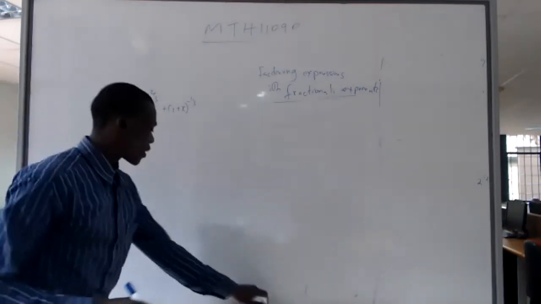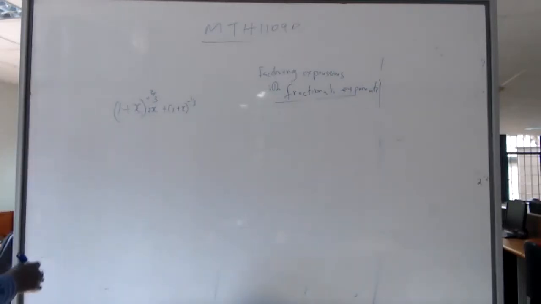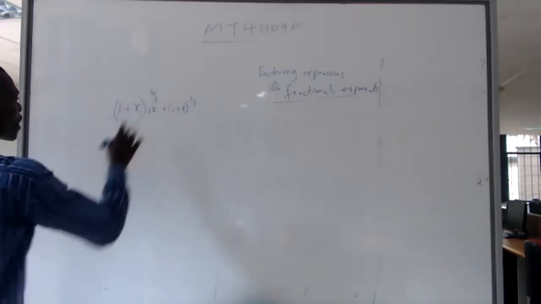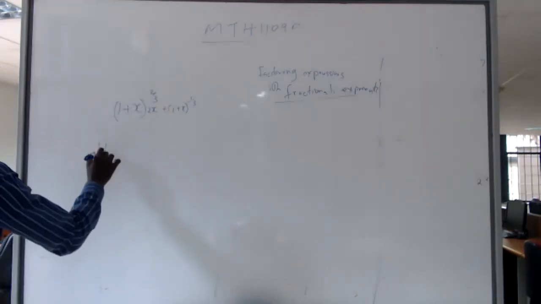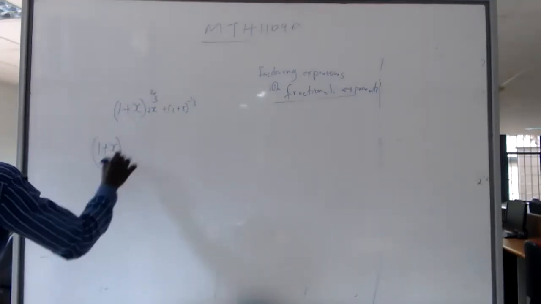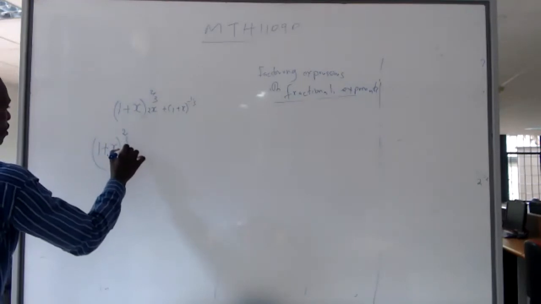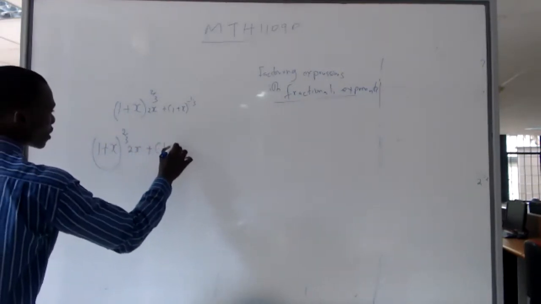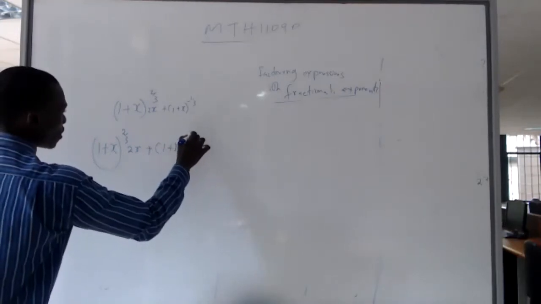Well, I don't know if it will work out, but let's see. Okay. So the first has an exponent 2/3. We want to factor 1 plus x to the power 2/3 times 2x plus 1 plus x to the power negative a third.